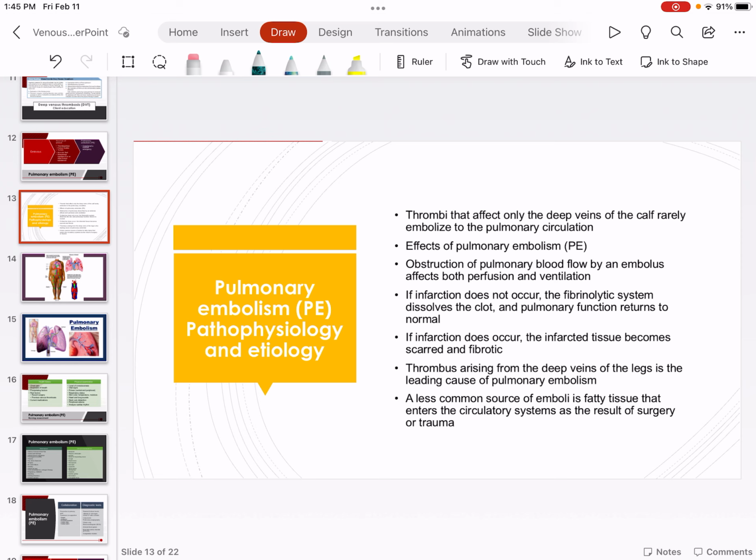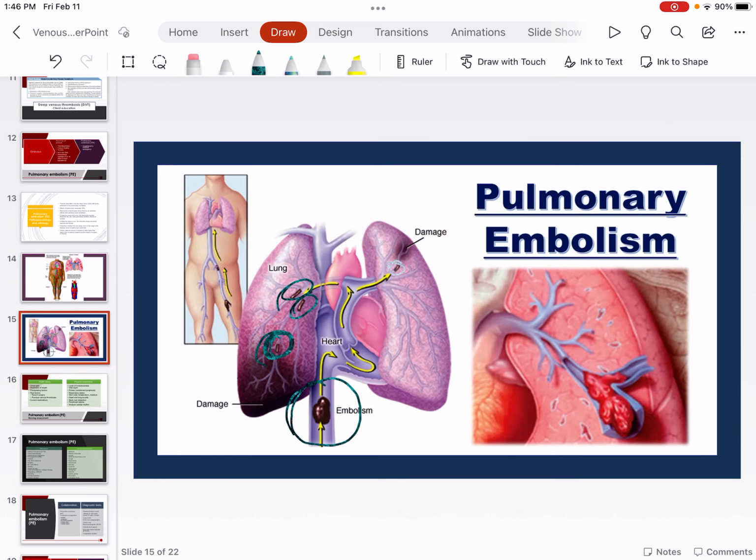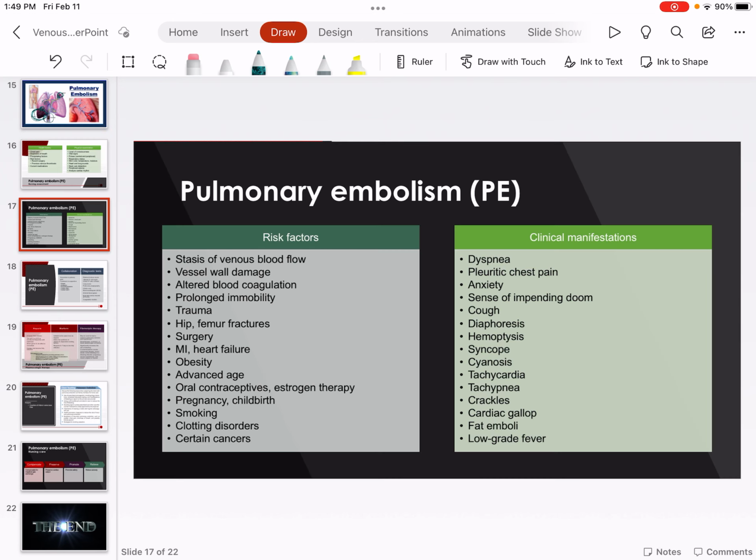Okay, promote client safety, monitor their lab values. So definitely if they're on a heparin drip, you're monitoring the APTT. Contact the provider for any values that are not within the desired range. And then just monitor for signs of bleeding. And then encourage physical mobility once they're able to return to that.